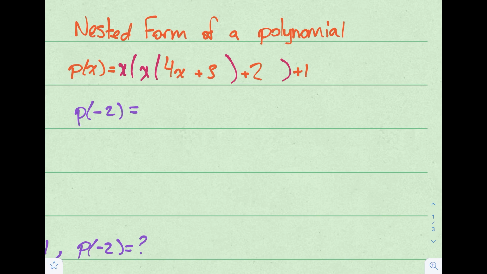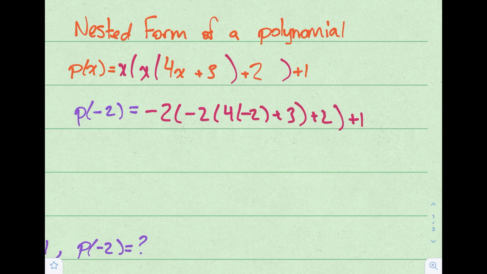So if we want to use nested form to evaluate, we'll plug negative 2 in for each x, and then we will multiply and add, multiply and add, multiply and add from inside out. So 4 times negative 2 is negative 8. Negative 8 plus 3 is negative 5.